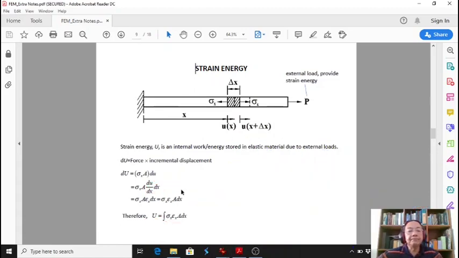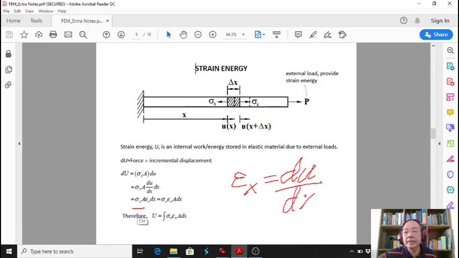So from here, dU is equal to sigma x times A. From the last video, we derived that the strain epsilon x is the derivative of displacement.